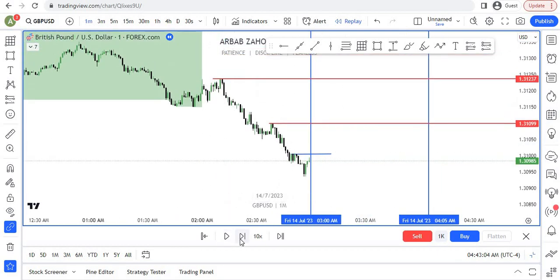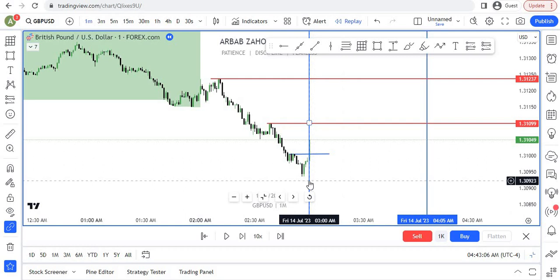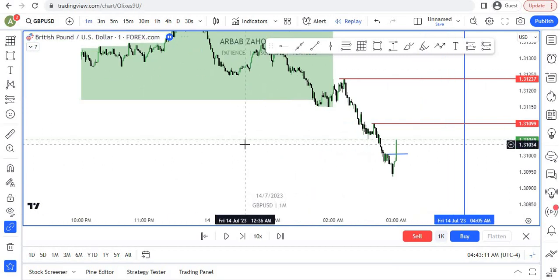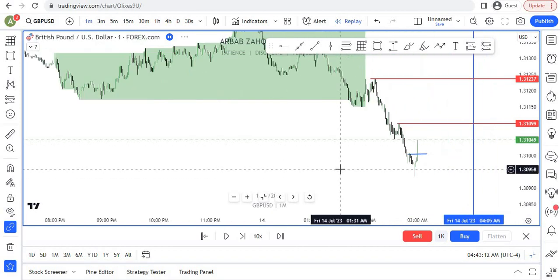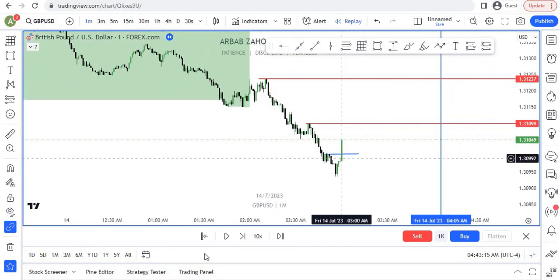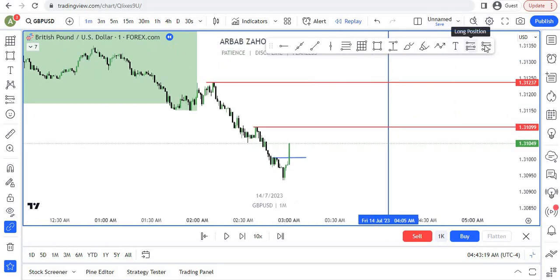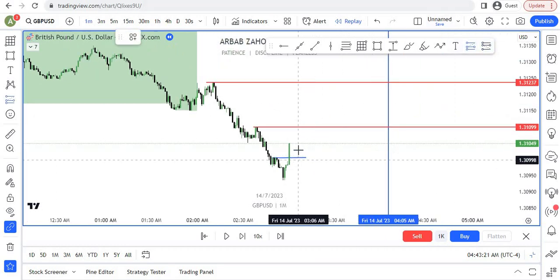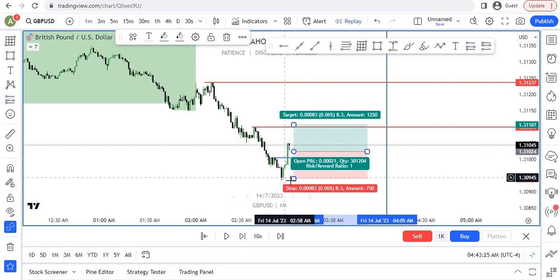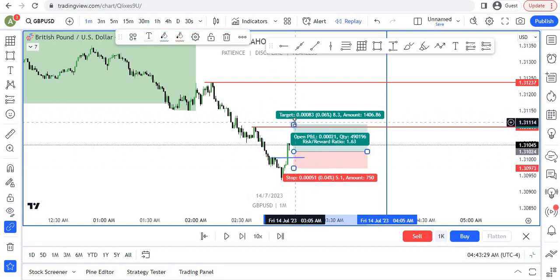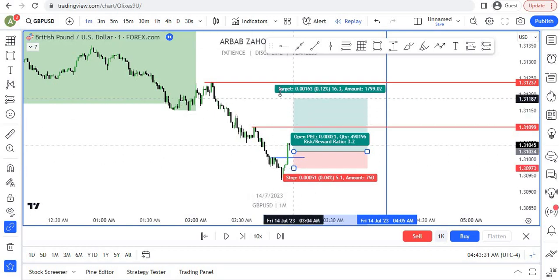Here we got a displacement in the 1 minute, because price already took out the Asia and the previous day's liquidity. So once it takes, we will put our sell limit here, buy limit here after we get a fair value gap, and put your stop loss at the third candle plus 15 pips.